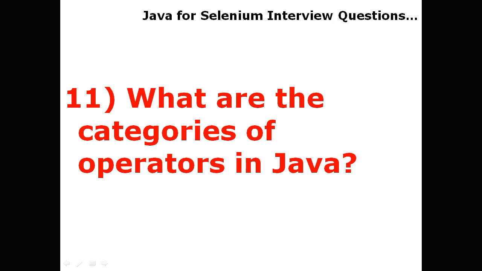Important categories of operators in Java are: one is arithmetic operators, 2 assignment operators, 3 relational operators or comparison operators, fourth one logical operators, fifth one bitwise operators, etc.